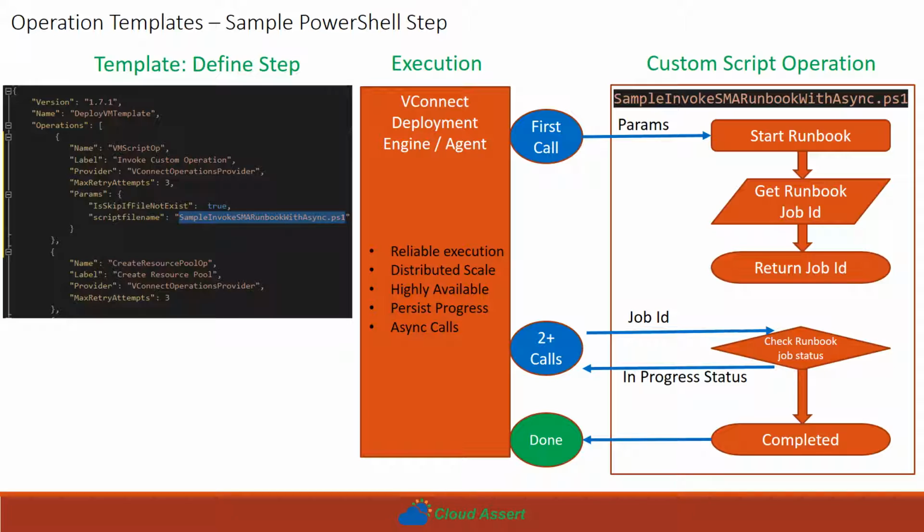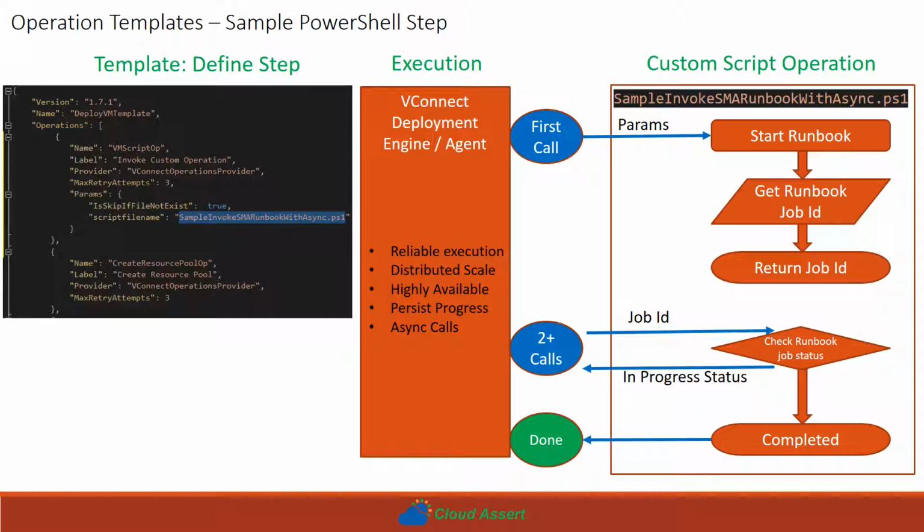This runbook job ID will be used by the script to check whether the runbook execution has completed or not, and depending on that, it will return an async completion waiting status, or if the runbook has completed, it will return saying the entire operation has been completed.